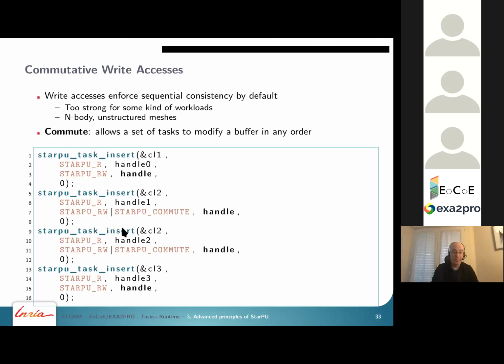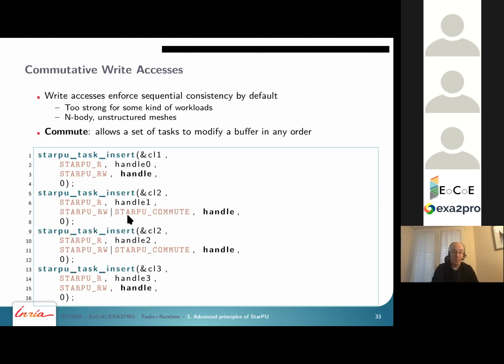So typically that will be decided depending on this other data, whether handle 1 or handle 2 is available first. StarPU will then start the one or the other task first, just in the order of the release of the other dependencies. So this allows for quite a lot of flexibility during the execution.